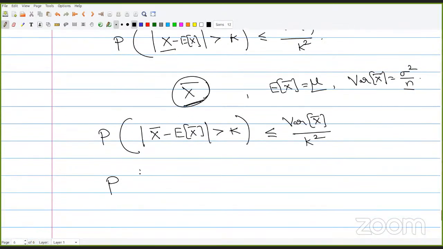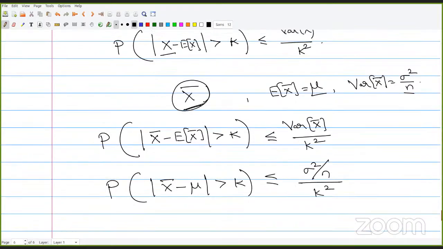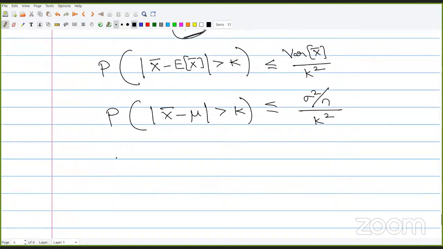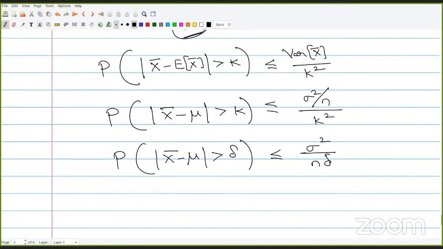We get the probability that mod X bar minus mu is greater than k is less than or equal to sigma square by n divided by k square. And k or delta, it doesn't matter. You can write it like this: mod X bar minus mu greater than delta is less than or equal to sigma square by n delta square.